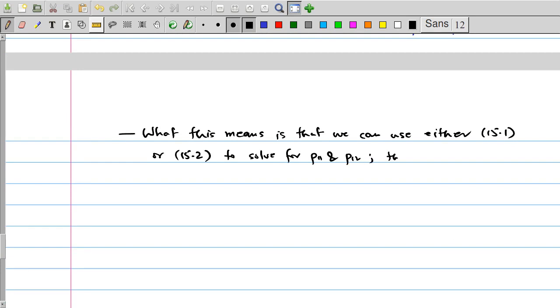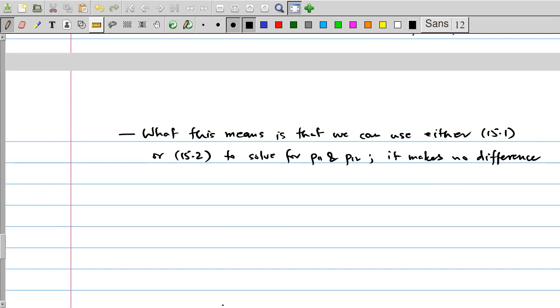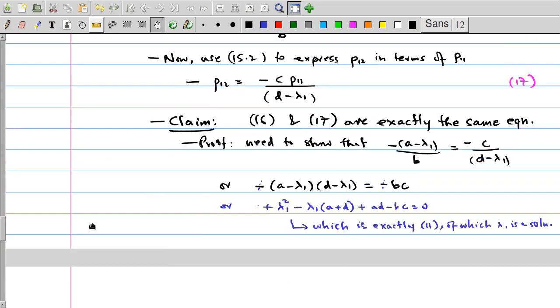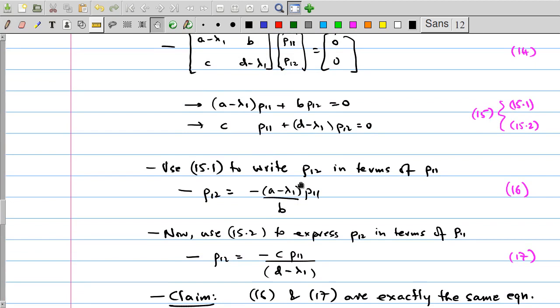It makes no difference which one we use. And so let's just use 15.1.